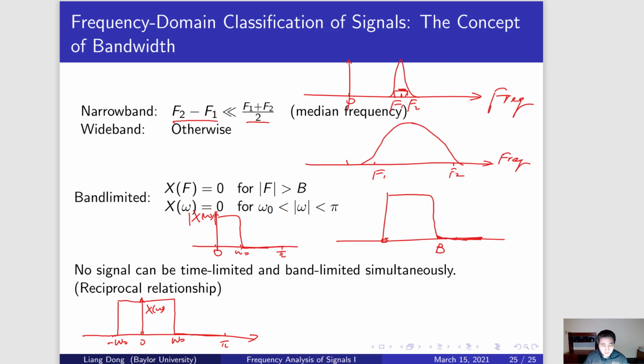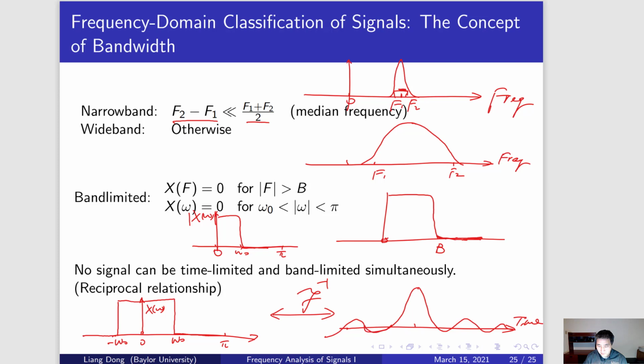And the time domain signal, if I do an inverse Fourier transform, will give us a sinc function. So a rectangular box and a sinc function are a Fourier pair. So the sinc function looks like this.